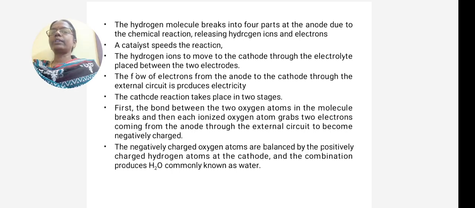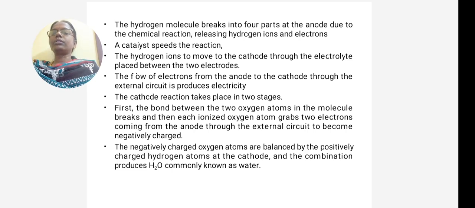On the cathode side, the chemical reaction takes place in two stages. First, the bond between the two oxygen atoms in the molecule breaks. Then each oxygen atom grabs two electrons coming from the anode through the external circuit to become negatively charged.